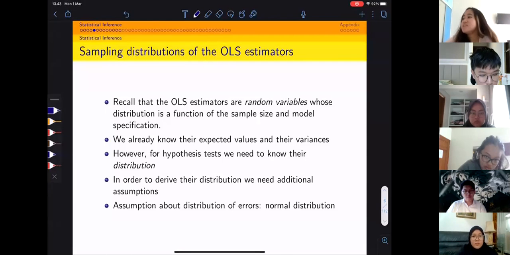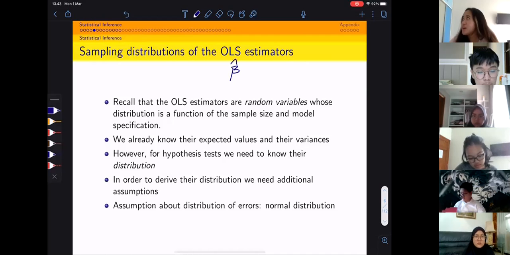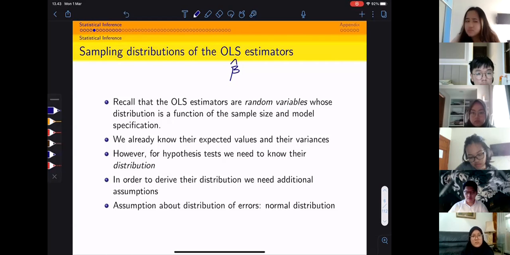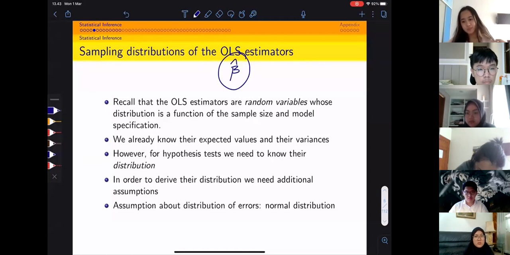So if you have a population of interest, and from that population you get a random sample, from that random sample you get an estimate of beta. Now suppose that you have the luxury to get another random sample from the population. Will you get the same beta hat, or will you get a different beta hat from the estimation? Anyone?